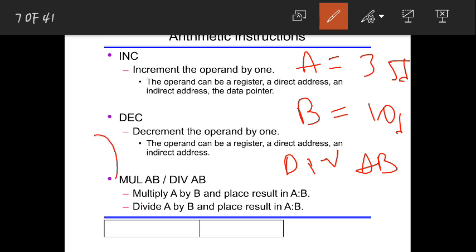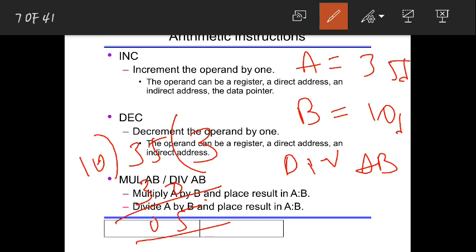So here when I try to divide 35 with 10, what I get is the quotient and remainder. The quotient is 3, since 3 tens are 30, then the remainder you will get is 5.